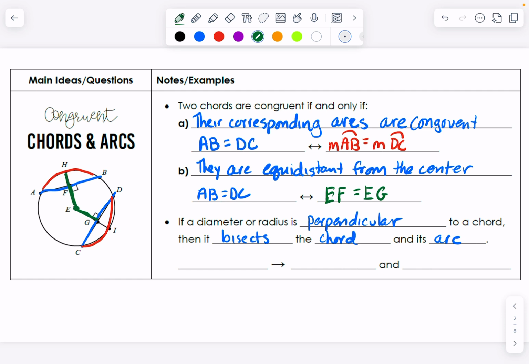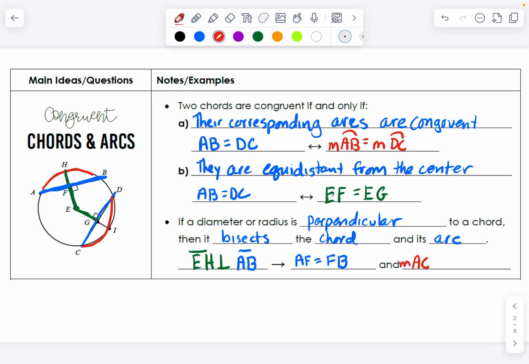So I have EH is perpendicular to chord AB. So I have that chord perpendicular to a radius. Then I know that it bisects the chord, meaning cuts the chord in half. So AF is equal to FB, and it bisects the arc.